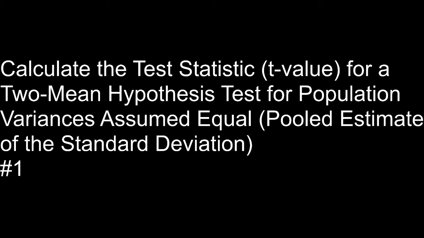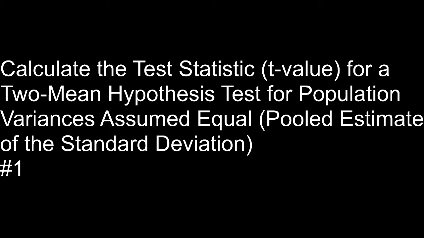This video is on the objective: calculate the test statistic, or the t-value, a t-score, for a two-mean hypothesis test for population variances or standard deviations. Remember, variances are just the standard deviations squared. So you could say for population variances or population standard deviations assumed to be equal.